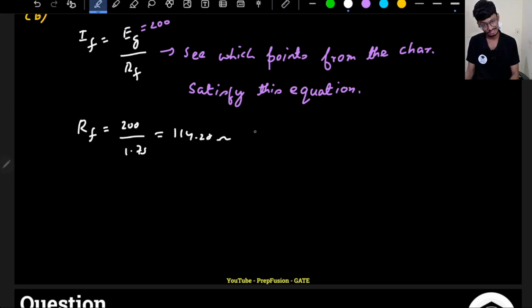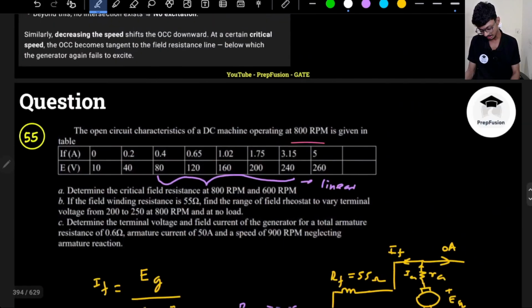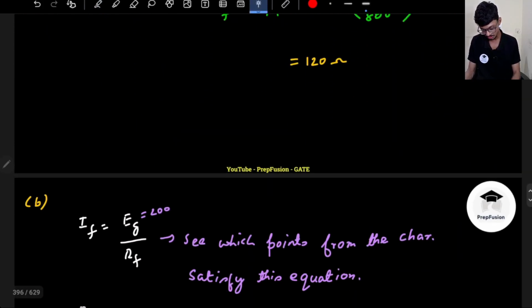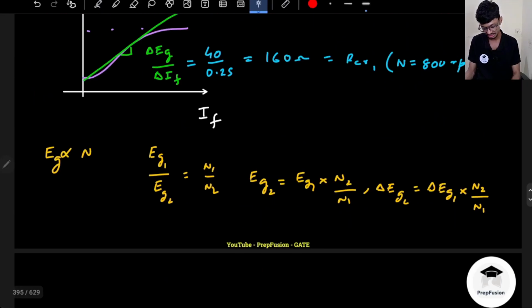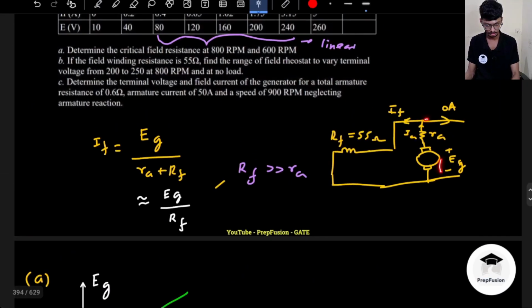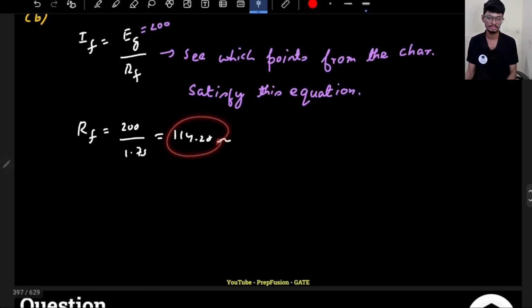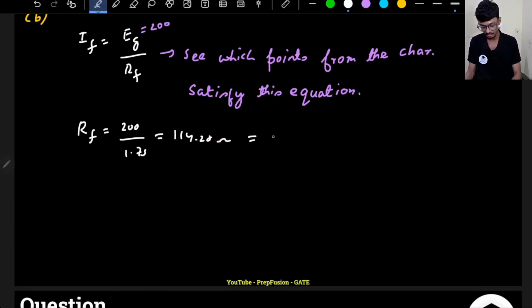But currently what is the resistance? They have told me that the field resistance is 55 ohms. But to generate 200 volts at the output, approximately, the resistance should have been 114.28 ohms. So this value will be equal to the external resistance plus the shunt resistance that is already present in the circuit due to the field winding.